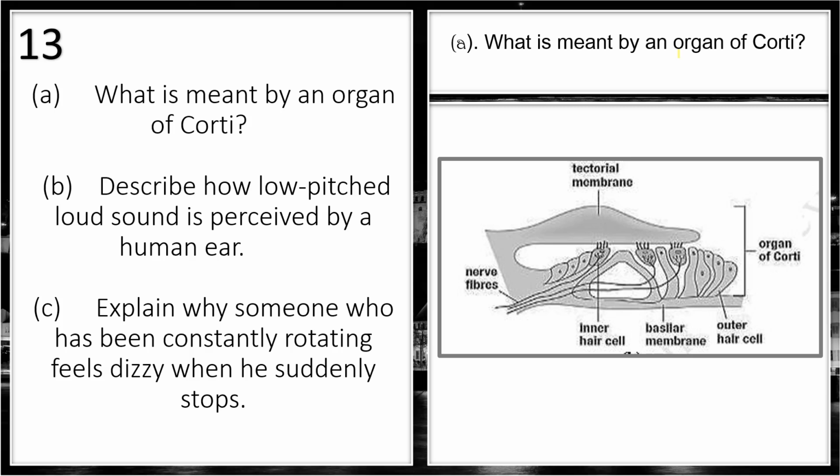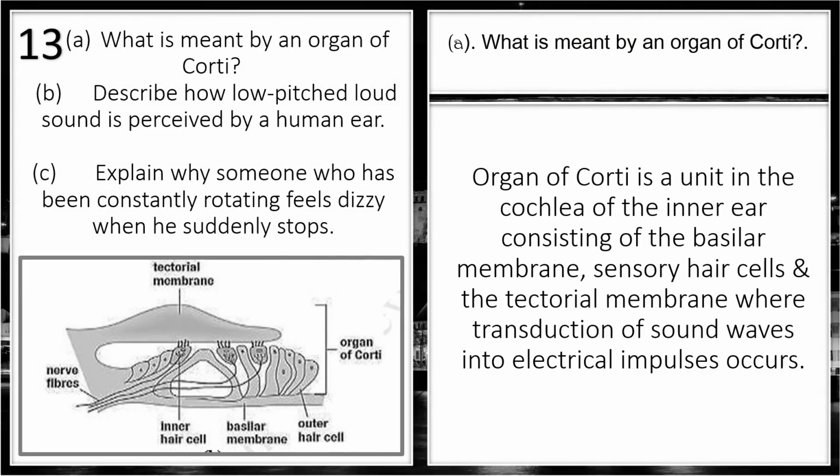What is meant by an organ of Corti? The organ of Corti is a unit in the cochlea of the inner ear, consisting of the basilar membrane, the sensory hair cells, and the tectorial membrane, where transduction of sound waves into electrical impulses occurs.